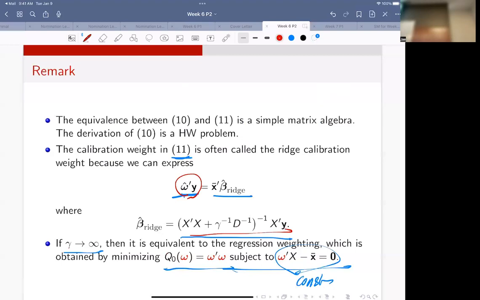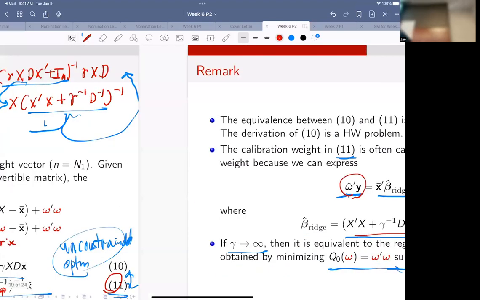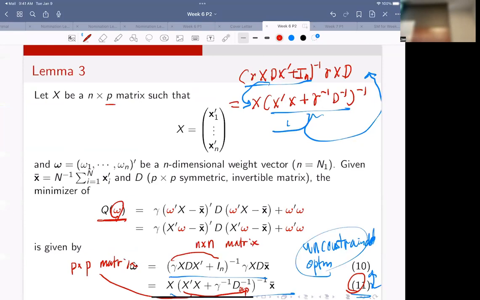And so the message here is that you can solve the constrained optimization problem by solving an unconstrained optimization problem and letting this gamma, this part, be really large, right? If gamma is really large, then finding the minimum of this Q(omega) should make the first term equal to 0, because this one is infinity. Then how can you find the minimum of omega?